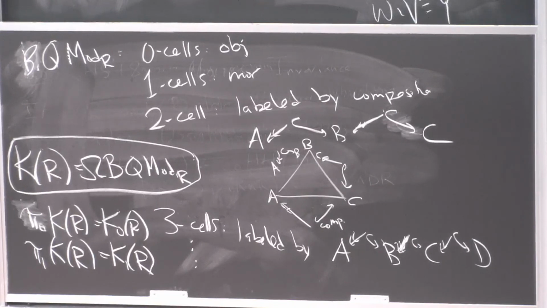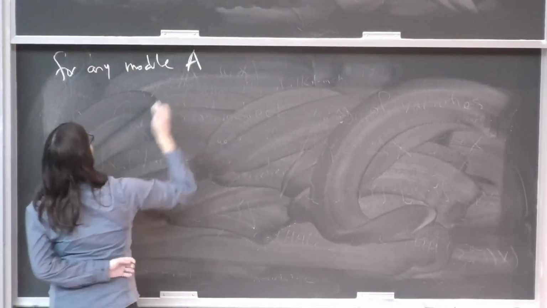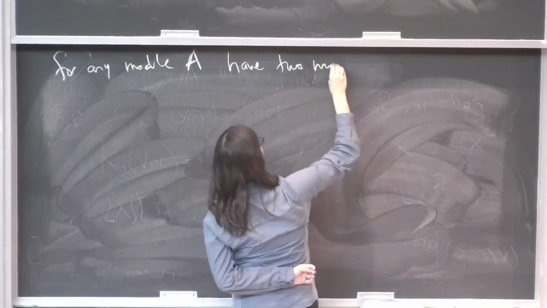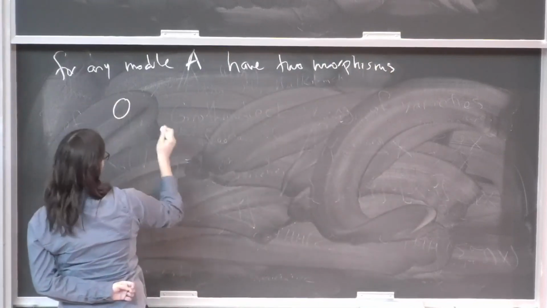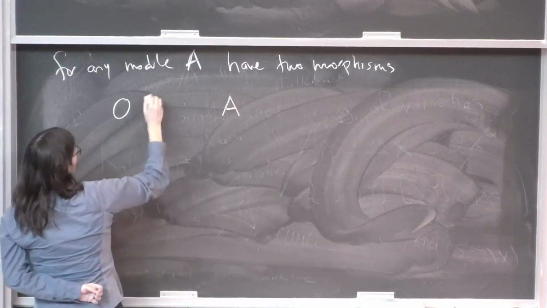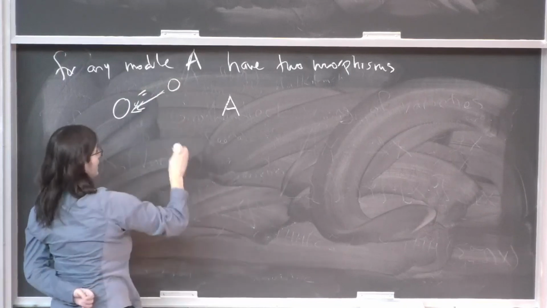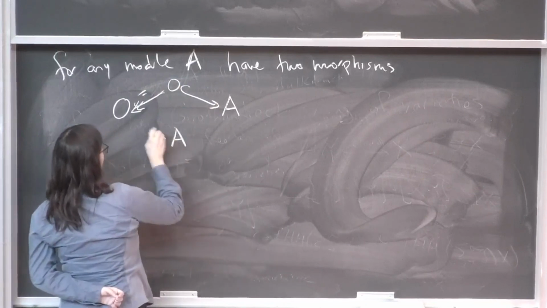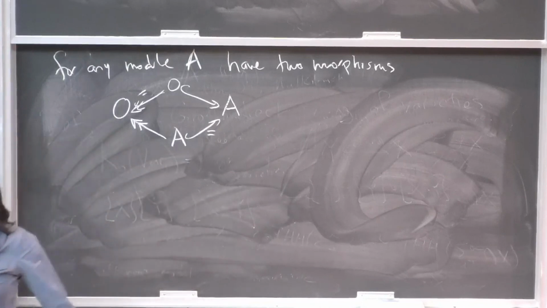So why do we need the loops? For any module, we have two morphisms from the 0 module to A. We have the one represented by 0 surjecting onto itself and including into A. And we have the one represented by A surjecting onto 0 and then being equal to itself.